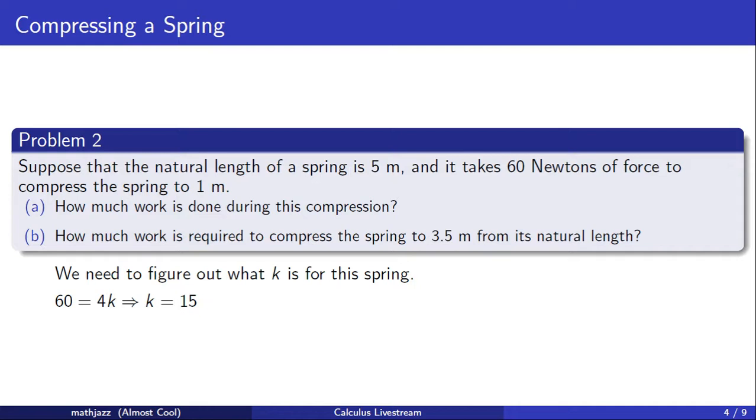Fortunately, we know that 60 newtons is the amount of force required to compress the spring from 5 meters to 1 meter. So that means that 60 is equal to 4, which is the amount of compression, it went from 5 to 1, that's 4 meters of compression, times k. So solving for k, we get k is 15.